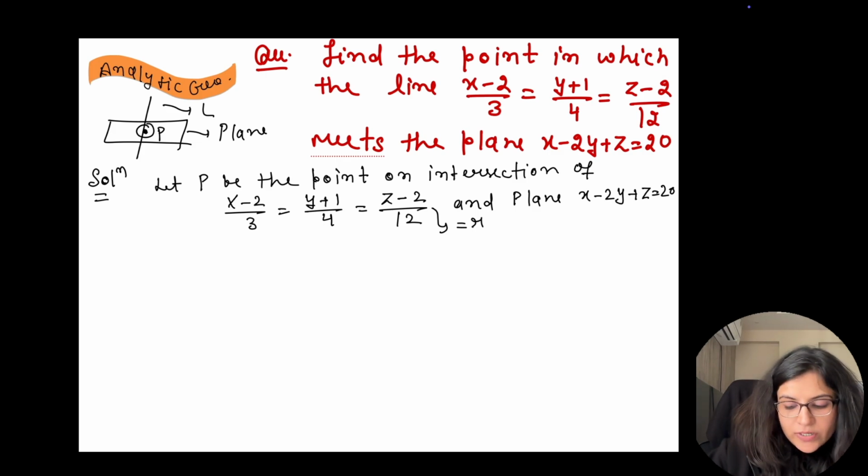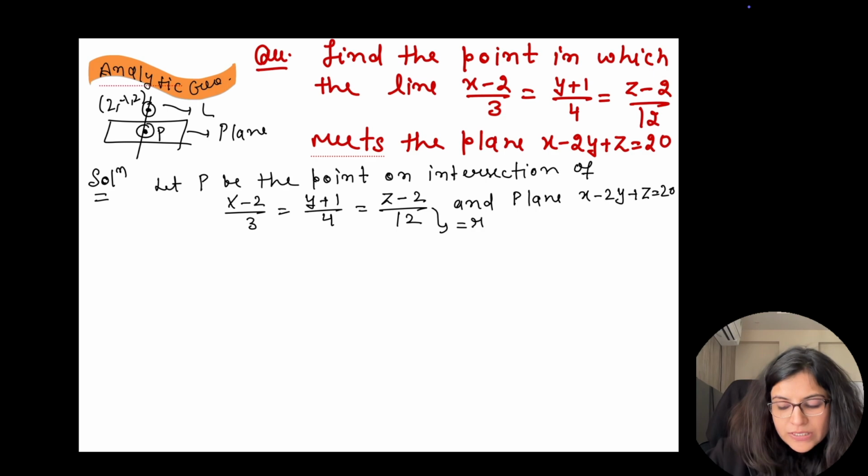See, this equation is in symmetric form, so it has a fixed point given to us. 2, -1, 2 is a fixed point on the line. If I put it equal to r, then it tells us the distance of any point from 2, -1, 2. So if you have to find some arbitrary point on the line, you can simply put it equal to r and find x, y, z.